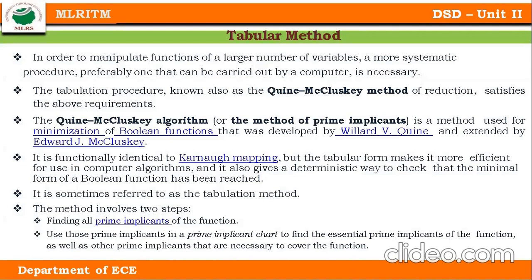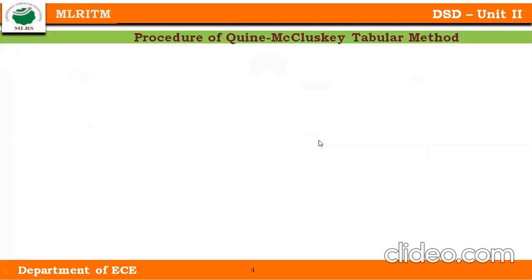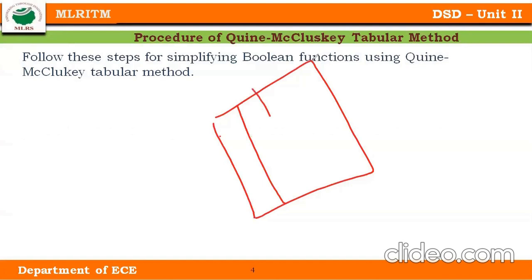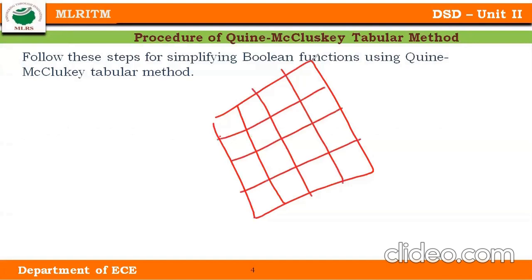So let me draw a table here. This is for a simple example purpose only. Let's take a 4-variable K-map like this, and we don't bother about the values. This is just to understand what a prime implicant is.